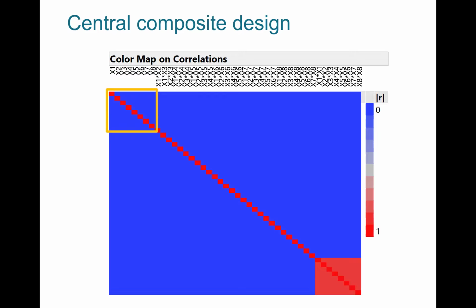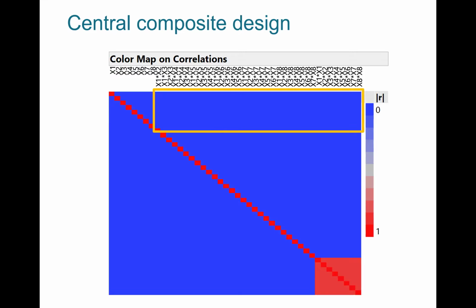The red on the diagonal is unavoidable because a certain X is always perfectly correlated with itself. But the rest of the upper left part of the color map is blue, meaning that all the X's are uncorrelated. That means that you can estimate the main effects of the factors independently from each other. So the most important effects of the inputs you can estimate independently.